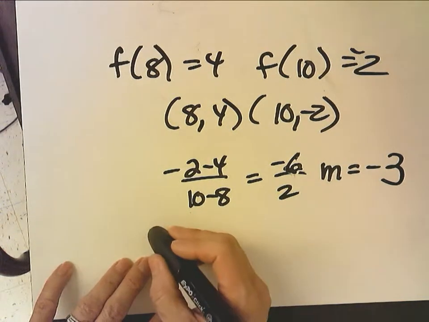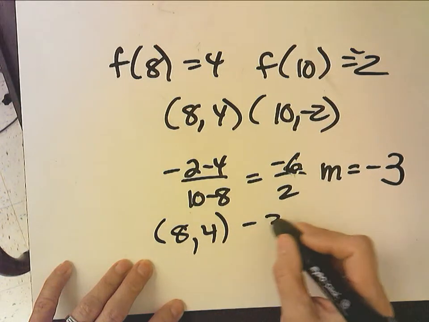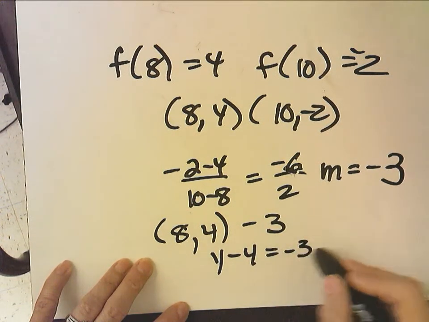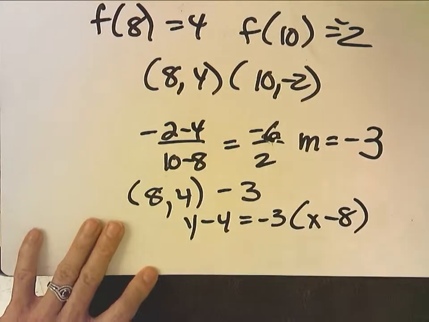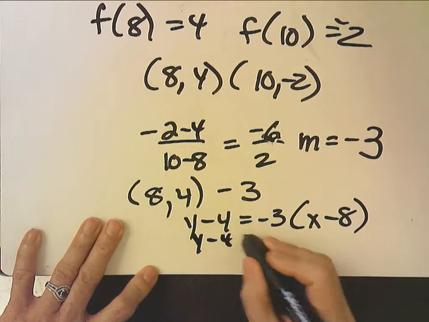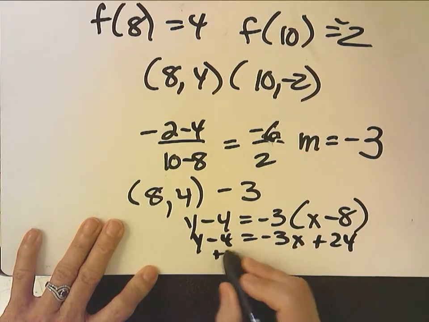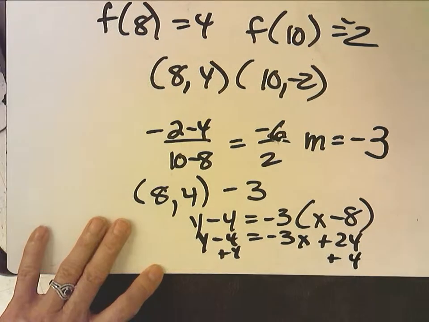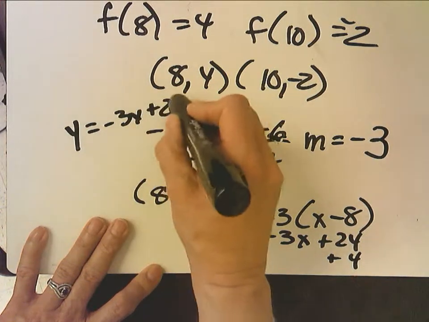Now I'm going to use the point 8, 4, and the slope is -3. So y minus 4 equals -3 times x minus 8. y minus 4 equals -3x plus 24. And I add 4 to both sides, and my final answer is y equals -3x plus 28.